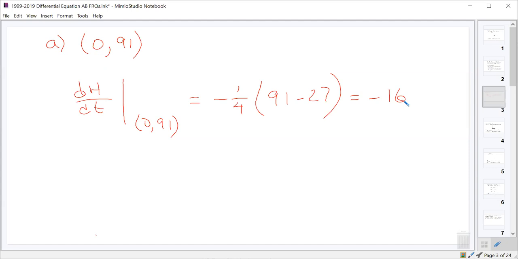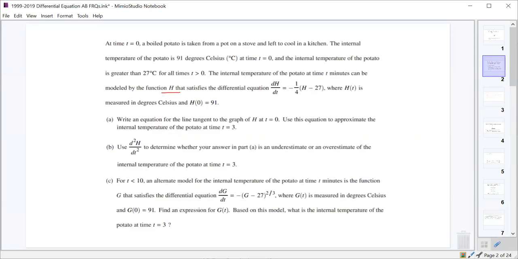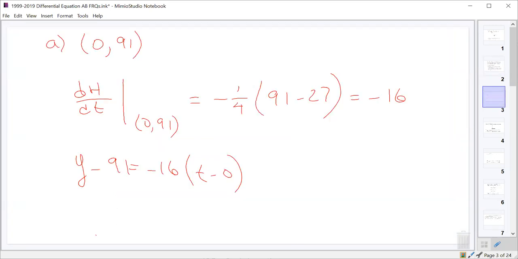Okay. All right. So now we write the equation. y minus 91 equals slope times (t minus 0). You don't need to write the t minus 0 if you don't want to. Just write the t, that's fine. And then it says to approximate the temperature when t is 3. Approximate the internal temperature when t equals 3.